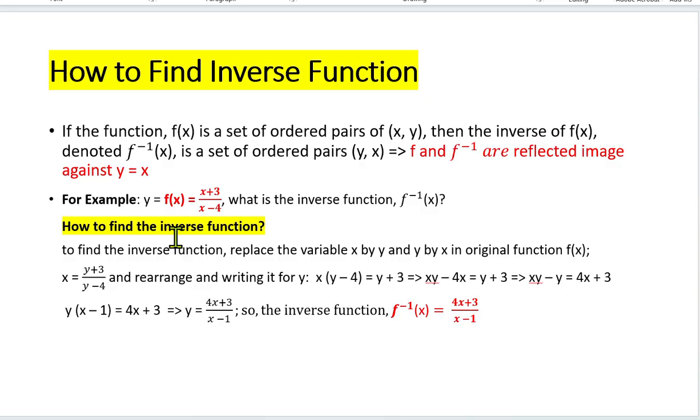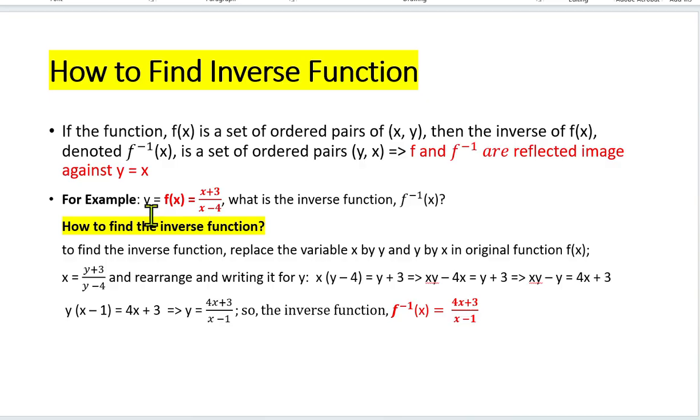For example, we have the original function (x plus 3) over (x minus 4), and you want to find the inverse function. How do we do that? To find the inverse function, replace the variables x and y in the original function.